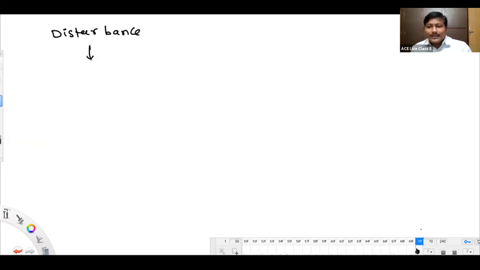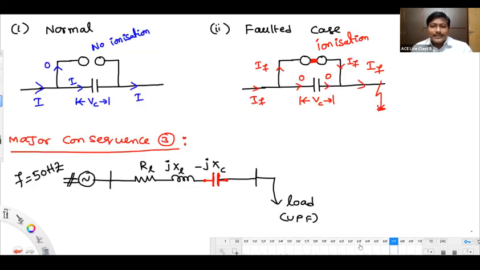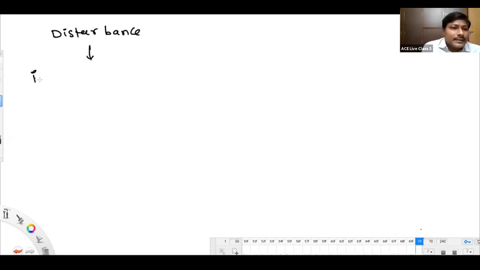So during disturbance, this is ISYS, system current. It will be like this: normal AC current, steady state current, plus DC transient, plus one more current, the AC transient.